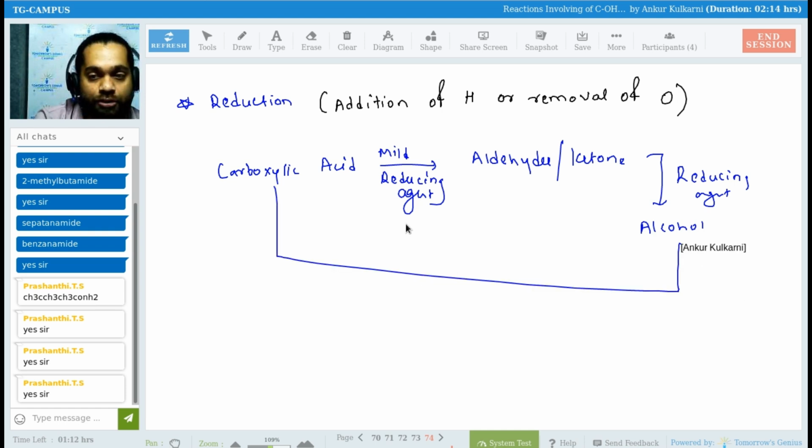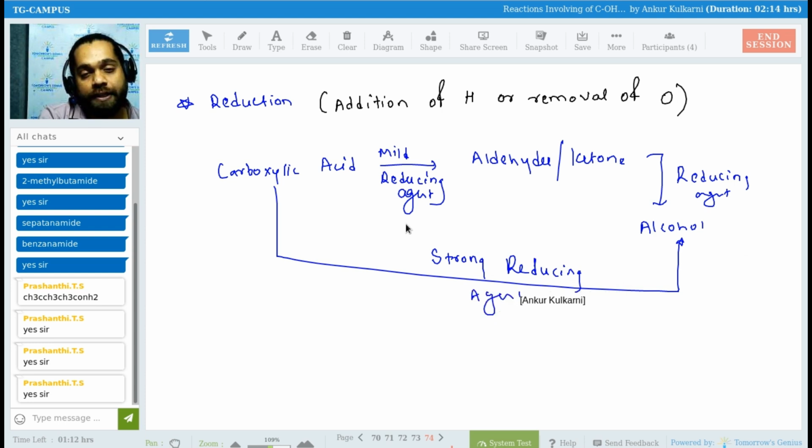And if I have a strong reducing agent, it will convert carboxylic acid directly to alcohol. Carboxylic acid directly to alcohol.